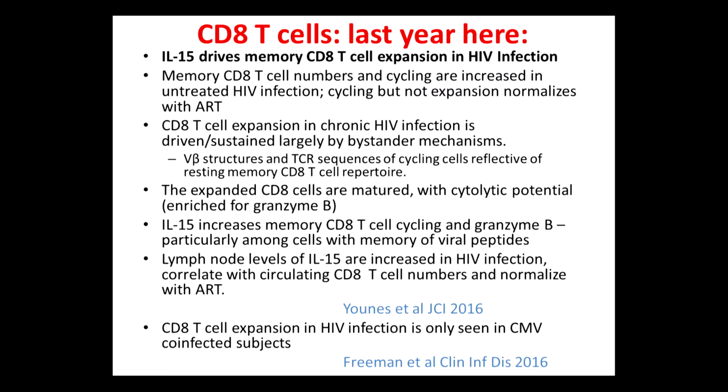So in untreated infection, we're proposing that CD8 T cell expansion is largely a consequence of expansion driven by interleukin-15. But it turns out that there's another cofactor there, and that's the presence of cytomegalovirus. We don't see CD8 expansion in untreated HIV infection or in treated infection unless there's CMV co-infection. So the two coexist, the two do it together, CMV infection and interleukin-15 hyperexpression in untreated infection.